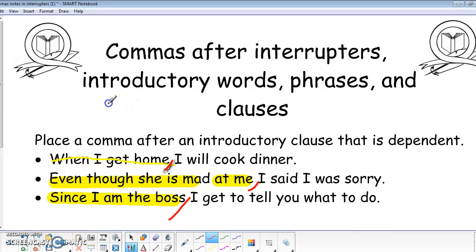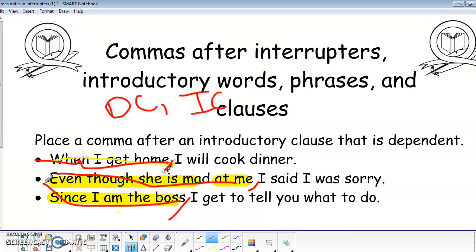When your dependent clause comes first, remember it's dependent clause, comma, independent clause. Because left of the comma, you can get rid of it. I will cook dinner, still works. I said I was sorry, still works. I get to tell you what to do, still works.